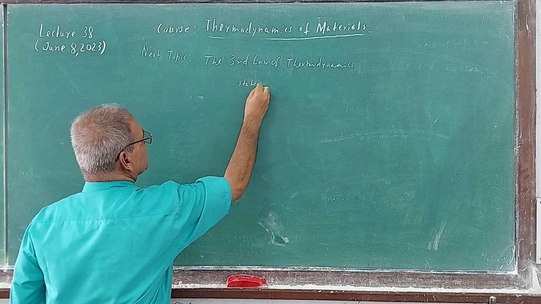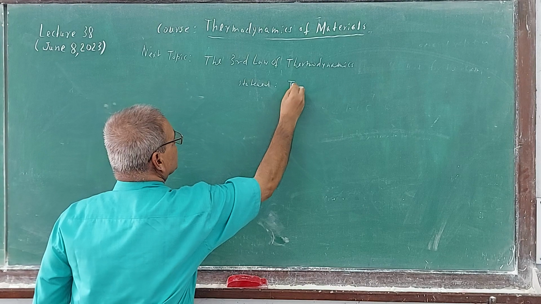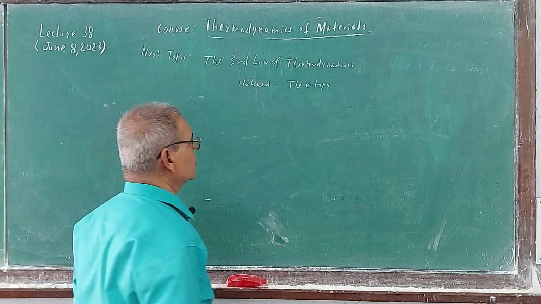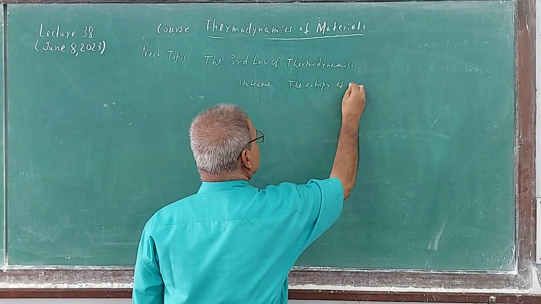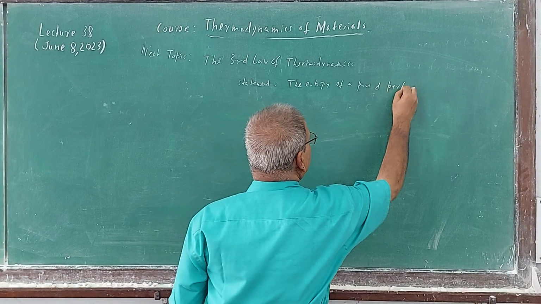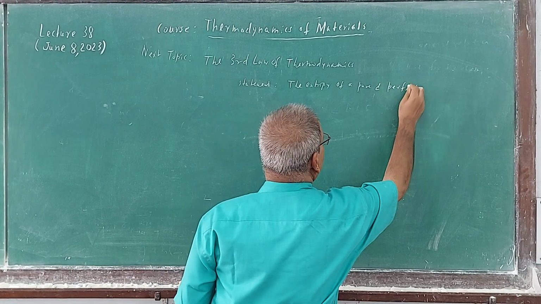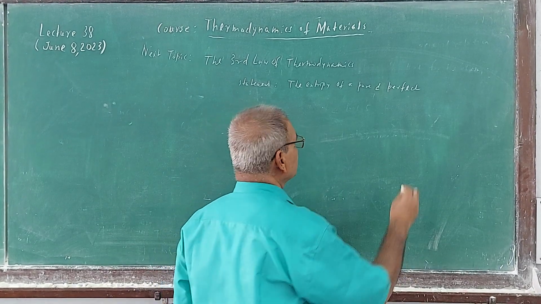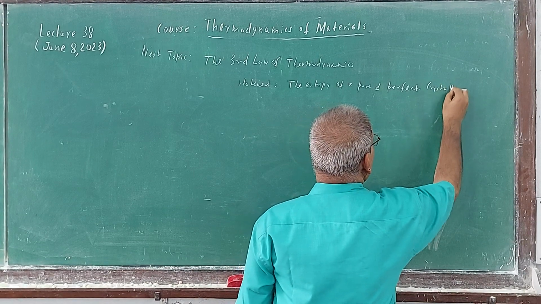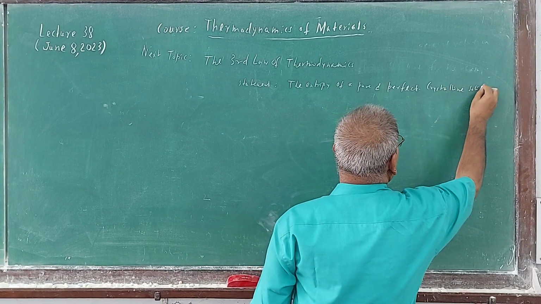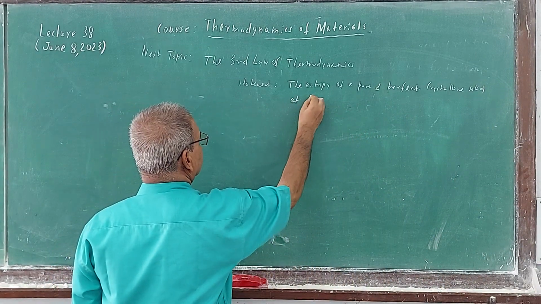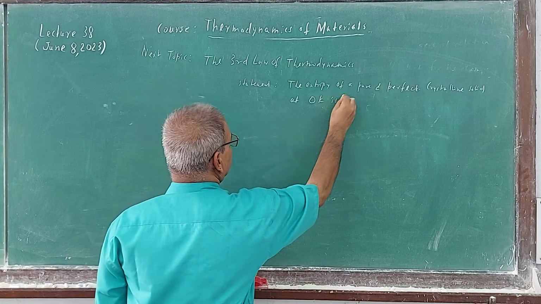What is the statement? The entropy of a pure and perfect crystalline solid at 0 degree Kelvin is 0.